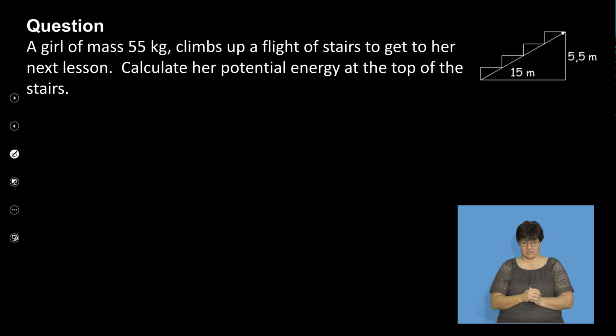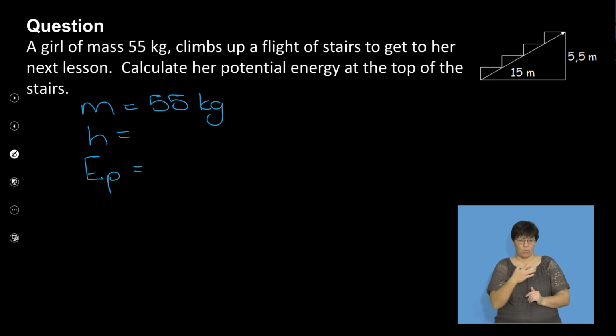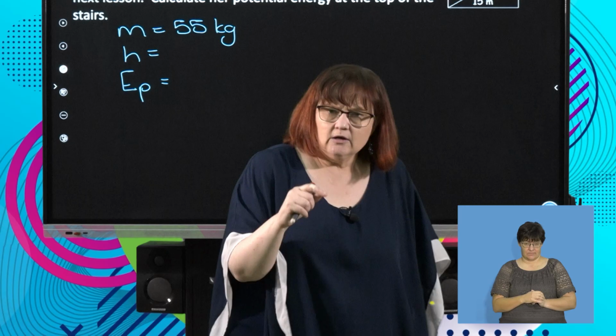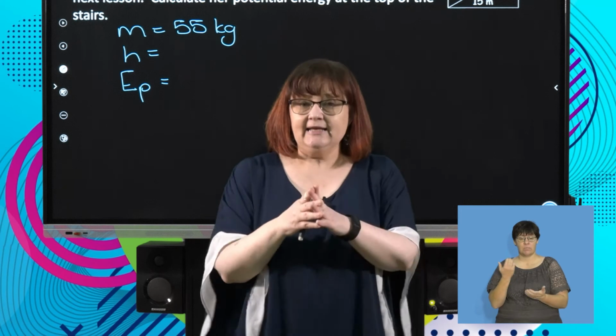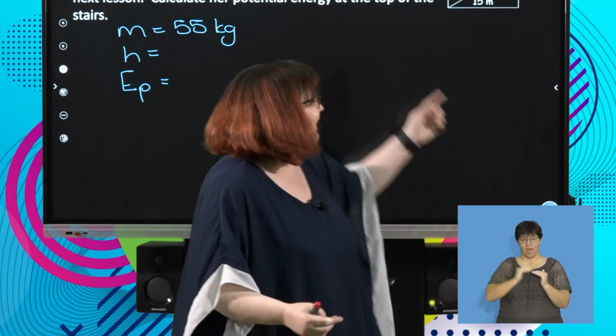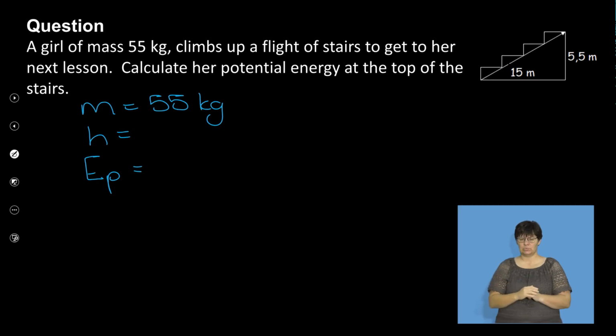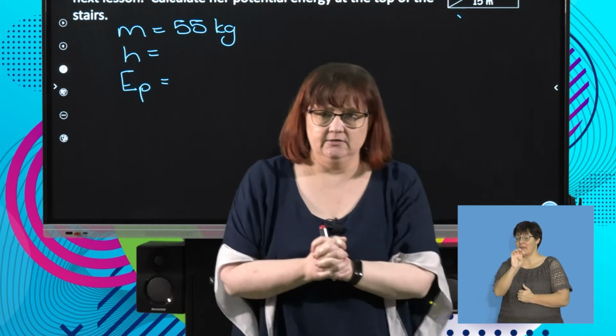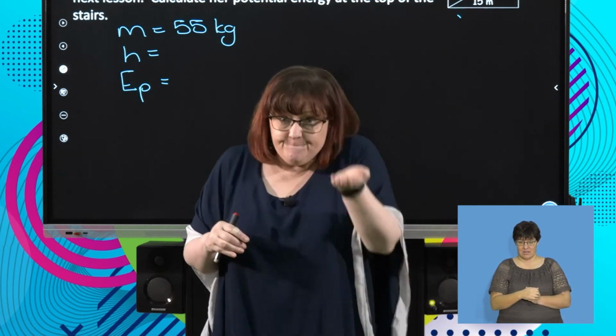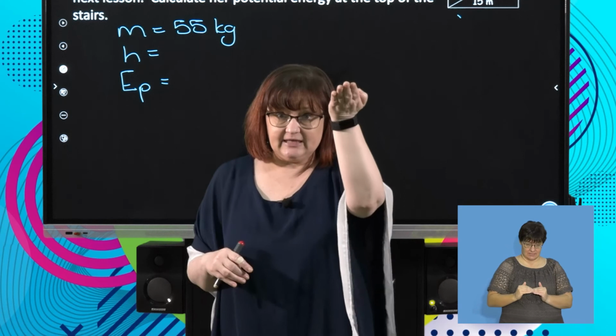So when we look at this, we know mass is 55 kilograms. I'll talk about the heights in a second. We want potential. In order to work out potential, I need to know height. I've got two values, 5.5 and 15. When I look at potential energy, it's vertical height, perpendicular height.